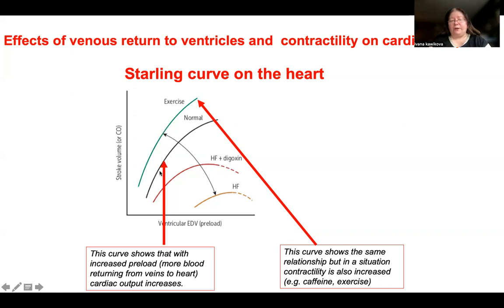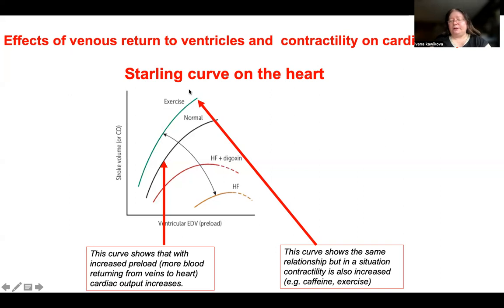And so when we have increased contractility, the same end-diastolic volume in the left ventricle is going to lead to an increased stroke volume, because this heart has higher contractility.